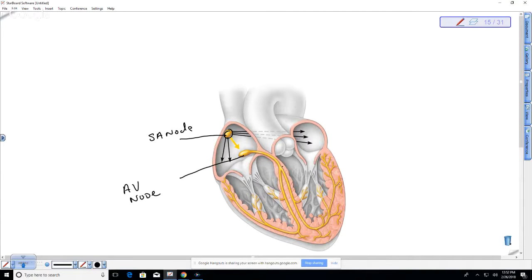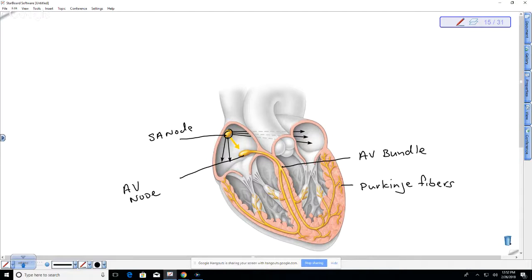Then we have, I'm just going to label this, the atrioventricular bundle. It branches. We're just going to call the whole thing a bundle. So you have the right and the left branches. And then these are the Purkinje fibers. They cause the actual contraction of the heart.